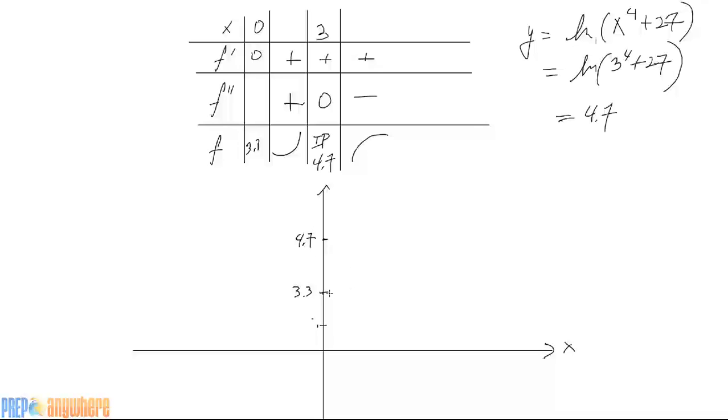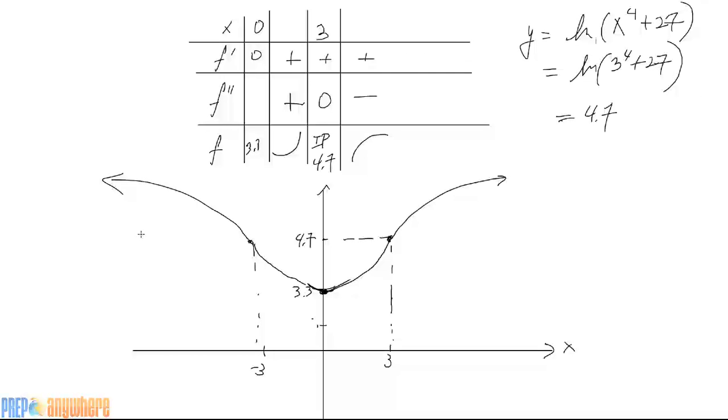So this is the y-intercept, and at x equals 3, it's 4.7. And it's doing this. Okay, concaving up and then concaving down. And it's got to do that symmetrically on both sides because it's an even function. Okay, that's the graph.